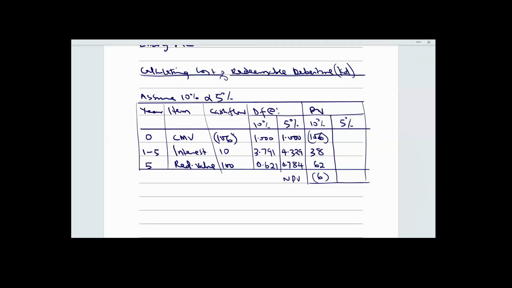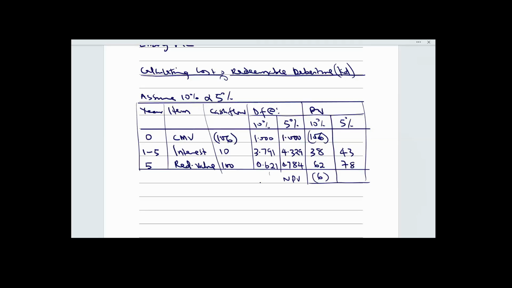Yes, sir. Okay, then. So let's multiply. 4.329 multiplied by 10 will give us 43.29. Rounding to whole number, that's 43. 0.784 multiplied by 100 will give us 78.